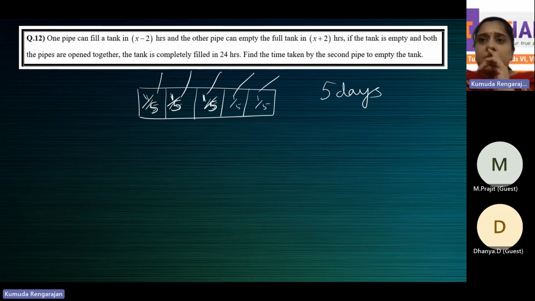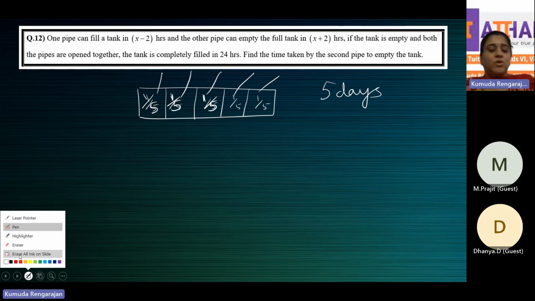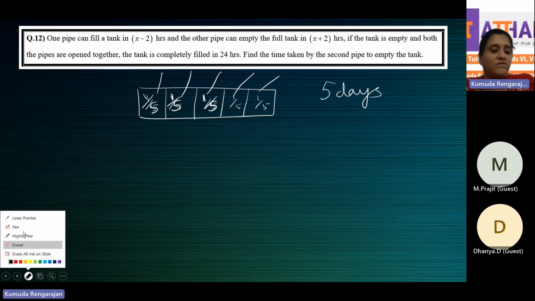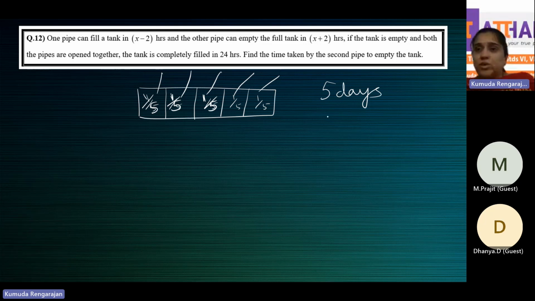All right. So now, the reciprocal of the time taken. That's how we understood it when we were in 7th or 8th standard. What is 5 days? 5. What's the reciprocal of 5? 1/5.